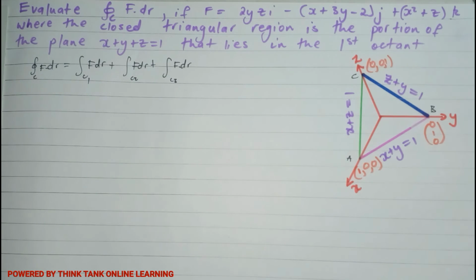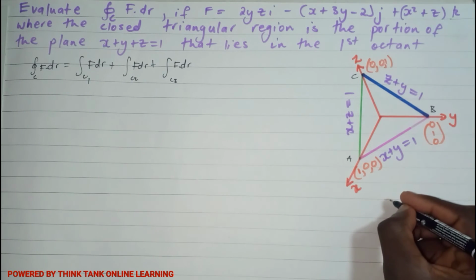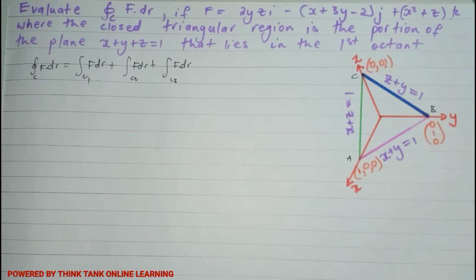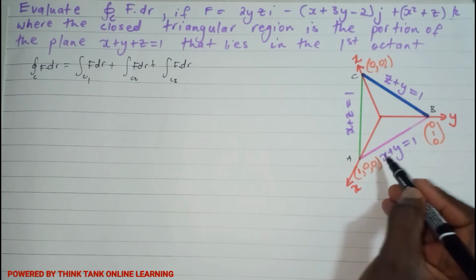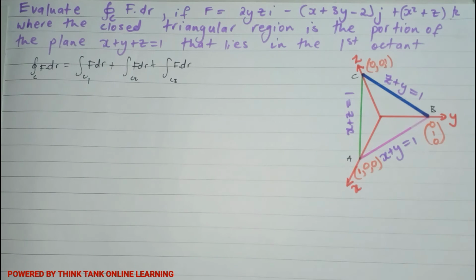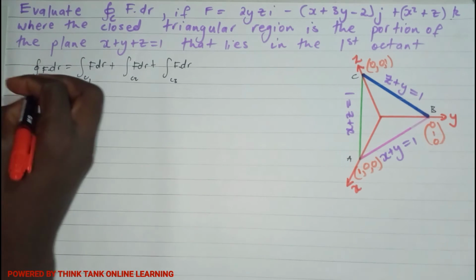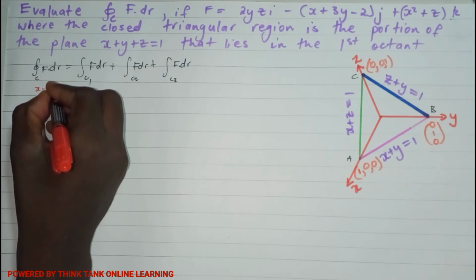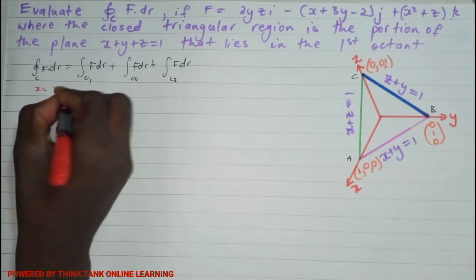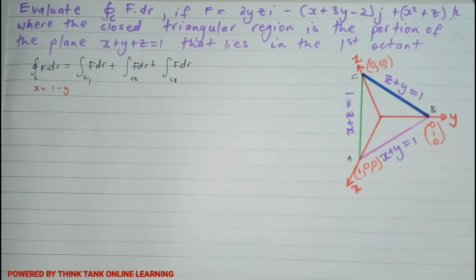First of all, from A to B, let me just list the points here. From A to B, we have these equations in x and y. Let's make x the subject of the formula, and we're going to get x equals 1 minus y. That is what we're going to get.